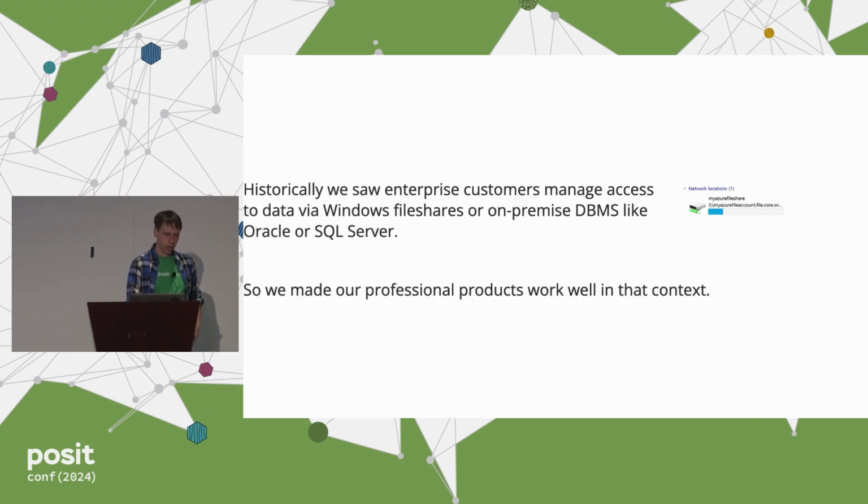So I think for much of Posit's early history, we mostly saw enterprise customers manage access to data, if they were doing so at all, via Windows file shares and on-prem database management systems like Oracle, SQL Server. And over time, actually, our enterprise products ended up working reasonably well in this context.